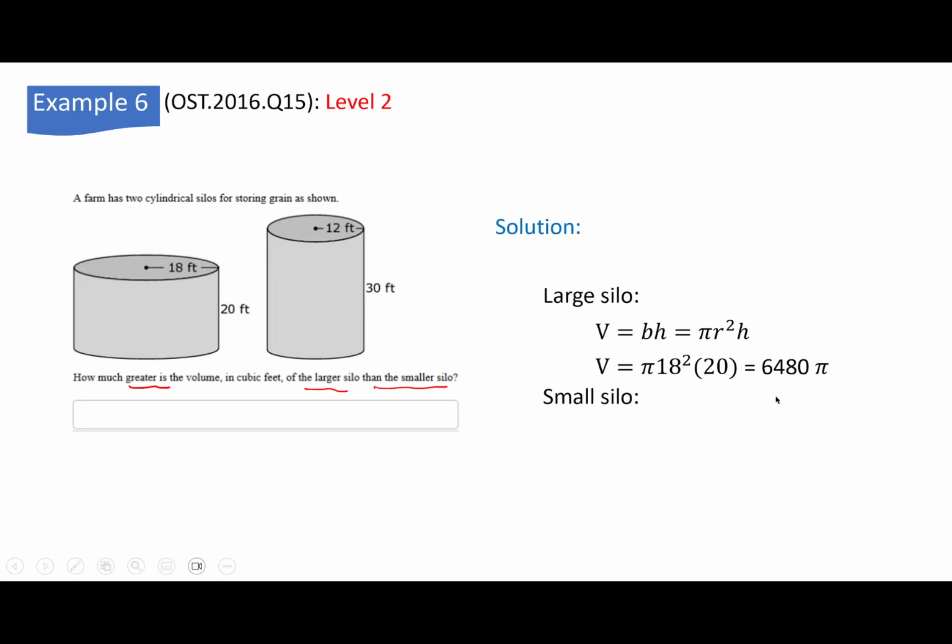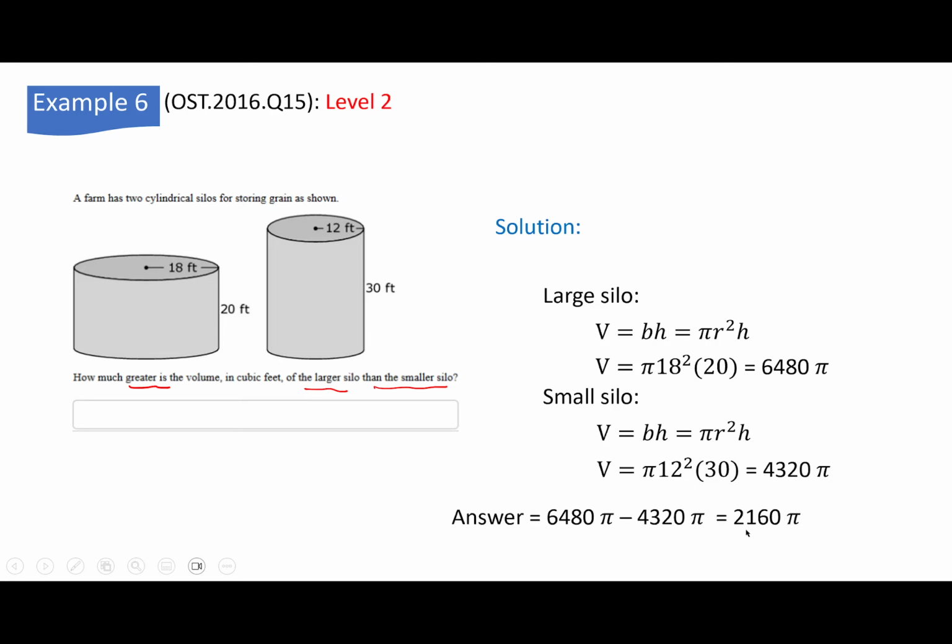The second one, the small one, again, the same formula. 12 here, I use 12 and 30, I get 4,320 pi. The difference is 2,160 pi. Now, if you used a number for pi, you might get an answer between 6,782 and 6,789. All of these are correct answers.